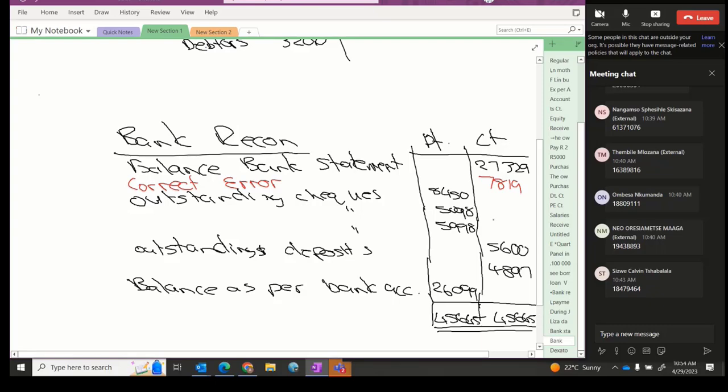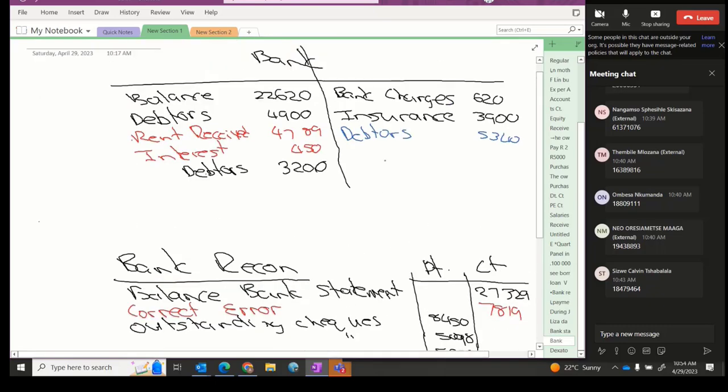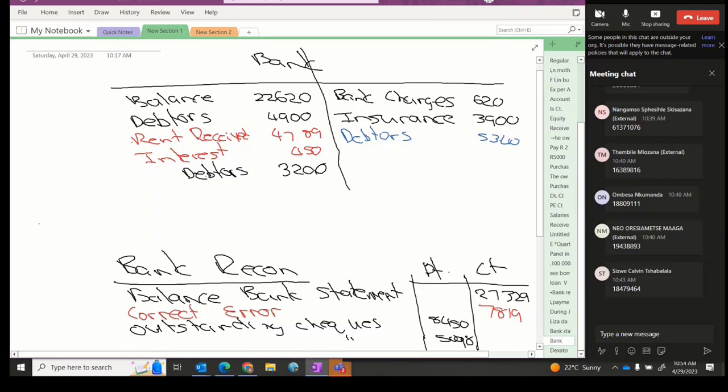Okay, so this 26 was here. If you just balance it, sorry, I'm just rushing a bit now because I see it's nearly 11 o'clock. This will be your balance here. And that's the balance that's going to be in your bank recon.